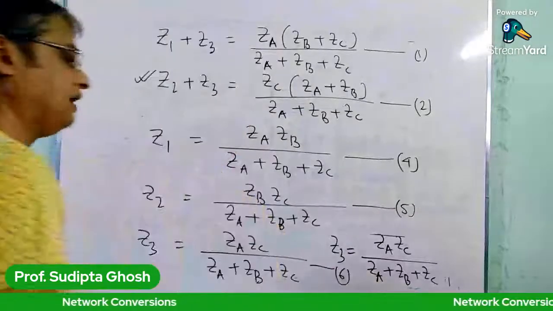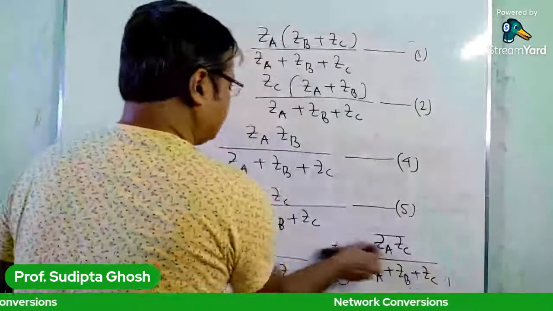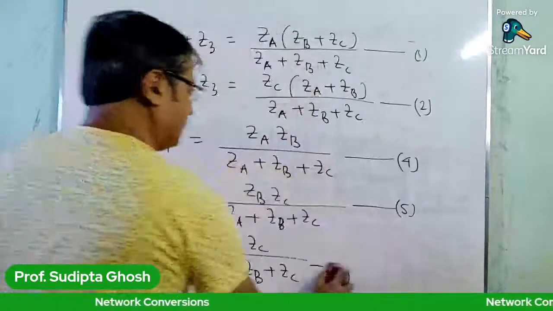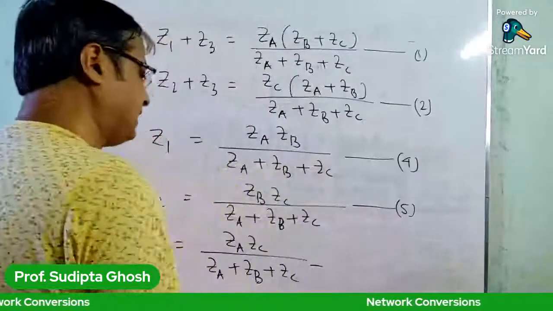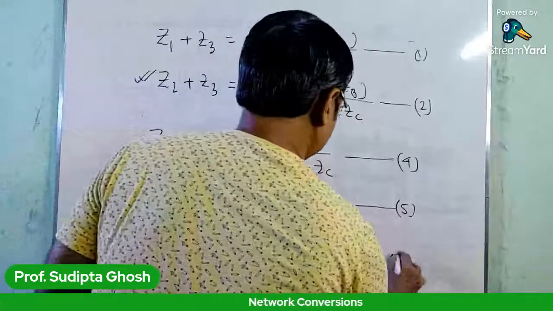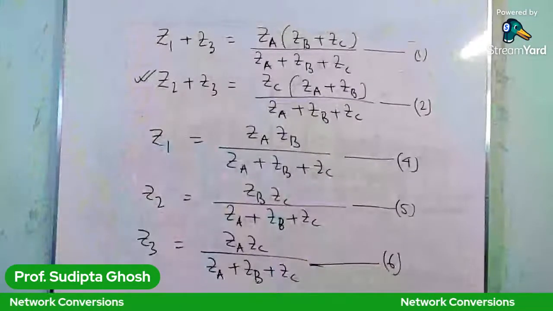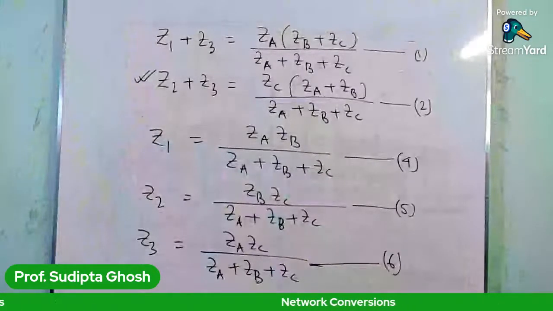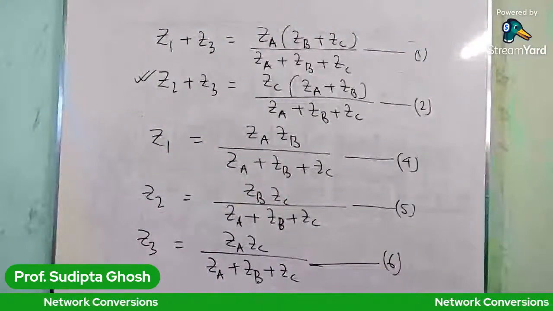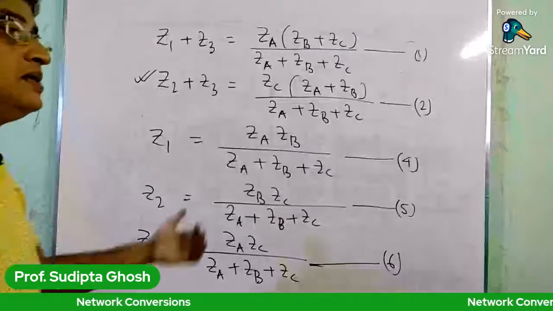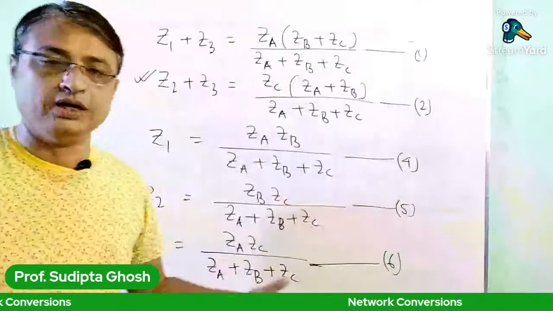So these are the values of a T network, which we can derive by using equations 1, 2, and 3, as I have shown here. These are the three equations by which we can convert a pi network into a T network.